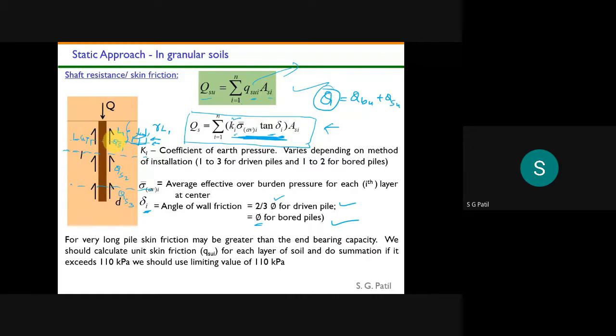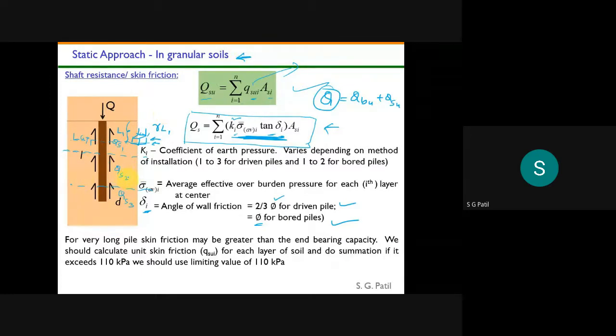Understood? Okay. So till now we discussed these things for granular types of soils.